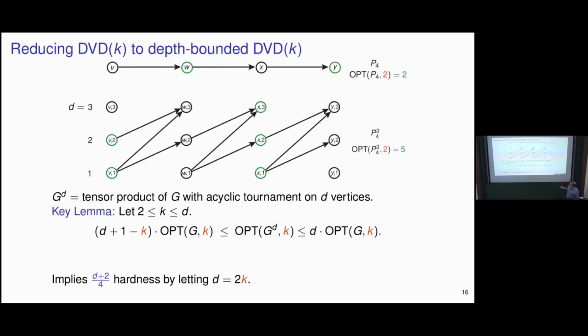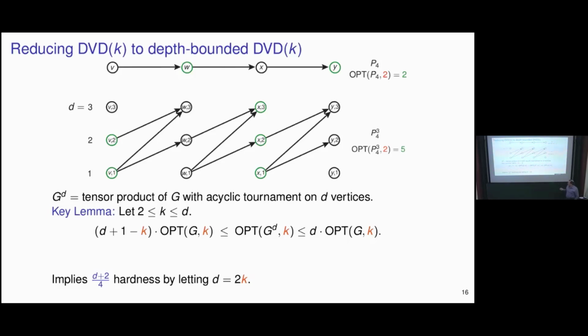Now one can show that the optimum solution to kill all paths of length k is upper bounded by d times the optimum in the original graph. That's fairly simple because you just take a solution from here and implement it in all of the d levels. And then the lower bound shows that d plus 1 minus k times the optimum solution in the original graph is a lower bound for this.